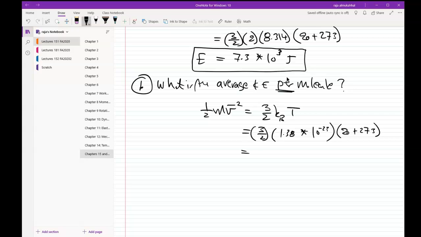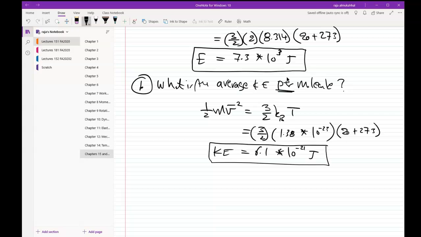Then we just calculate that, and it will be equal to 6.1 times 10 to the power of negative 21 joules. That's for each molecule. You see what I'm saying? So kinetic energy per molecule is a really tiny number for that single atom of helium. You got it? Okay, good.